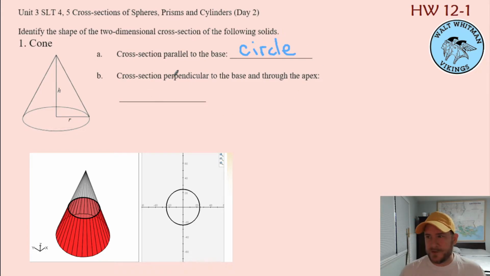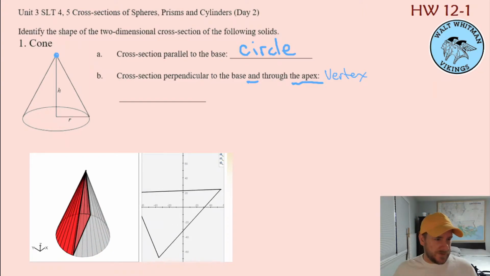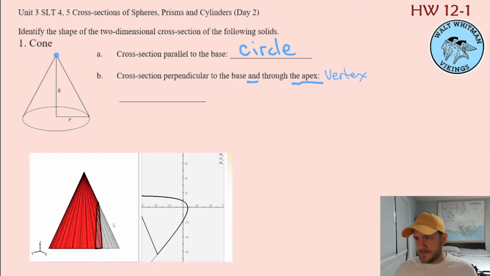Now it says, what about a cross section that's perpendicular to the base and does go through the apex? By the way, I don't think I've ever said the word apex. I almost always call it the vertex. But that, of course, is that point right there. So if I were to take this, and if I start tilting my slicing plane, does that look perpendicular to you?